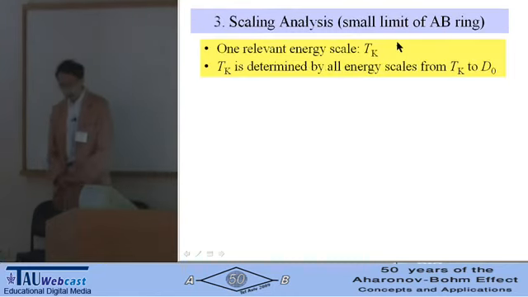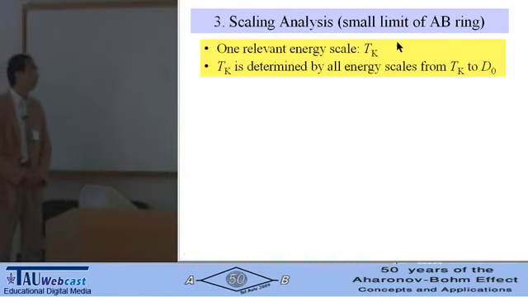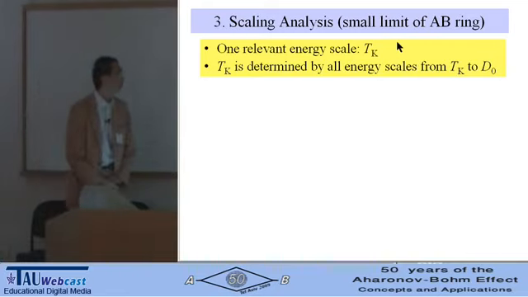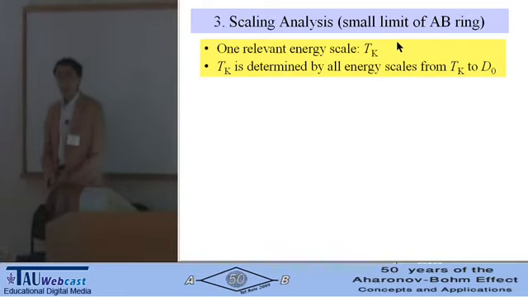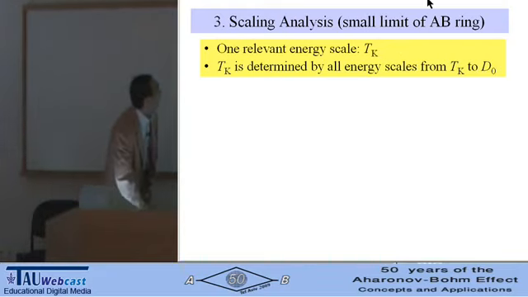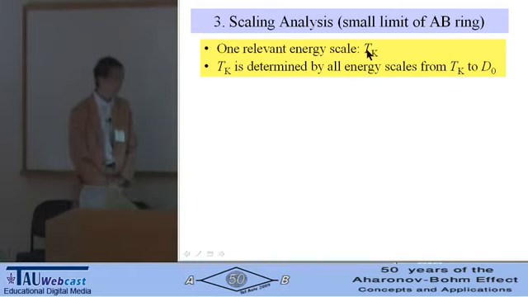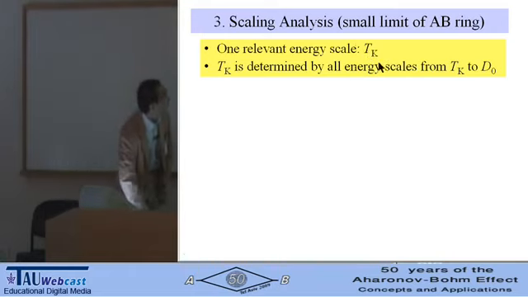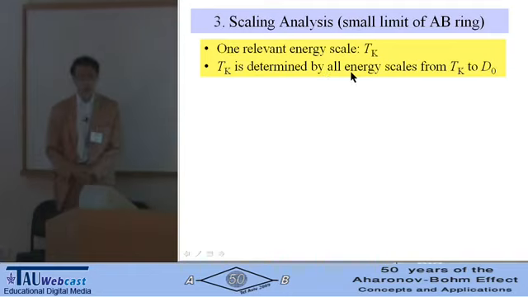So now let's examine the scaling analysis using the reduced model. The remarkable property of the Kondo effect is that there is only one relevant energy scale, the Kondo temperature Tk, and Tk determines all the energy scales from Tk to the bandwidth.